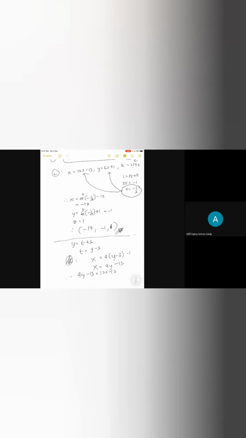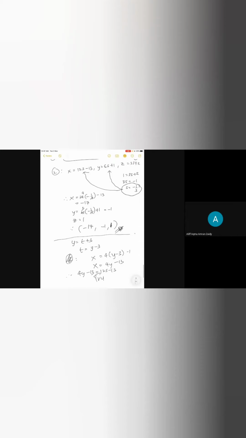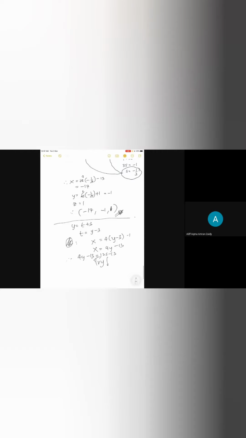So X 4Y minus 13 must be equals to 12S minus 13. Awak boleh try lah. Awak try panjang-panjang lagi ni. In the end, awak akan dapat jawapan sama juga. Negatif 17, negatif 1, 1.